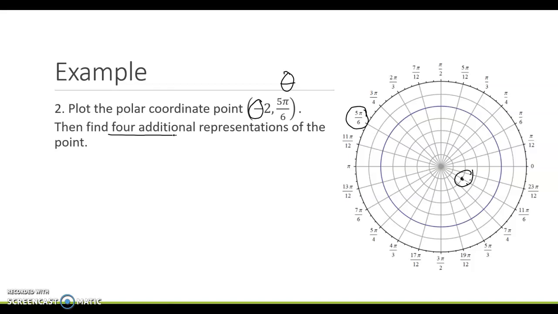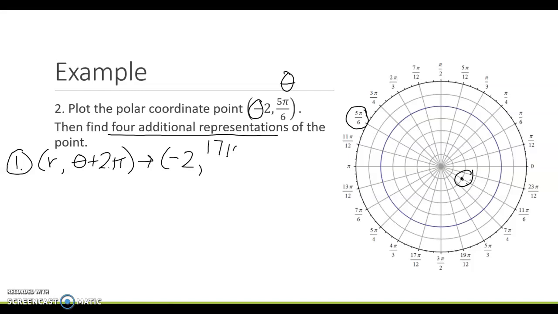So now we're going to do our 4 additional representations of that, again going through those 4 same formulas. So the first one we're going to do r, theta plus 2 pi. So I'm keeping my r value the same of negative 2. I can take 5 pi over 6, add 2 pi to that, and when you do that, you get 17 pi over 6.